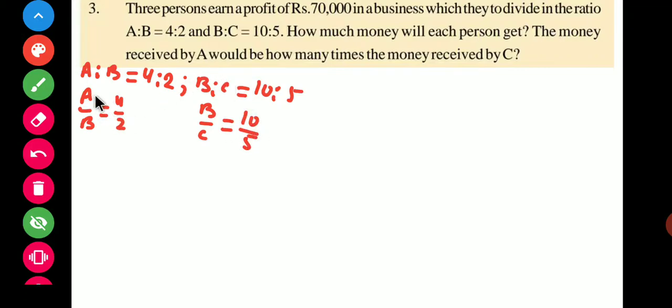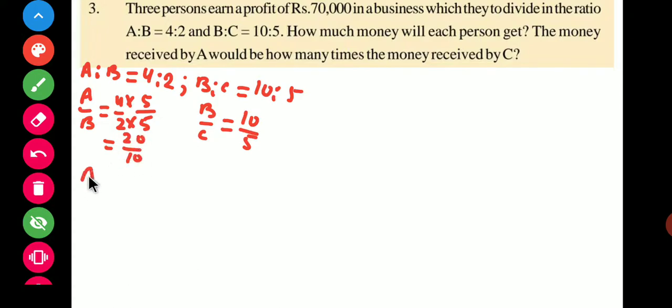Now I want B to be an equal amount. B is 10 here and here it is 2. So we multiply the denominator by 5, and multiply by 5 in the numerator also. So it becomes 20 upon 10.